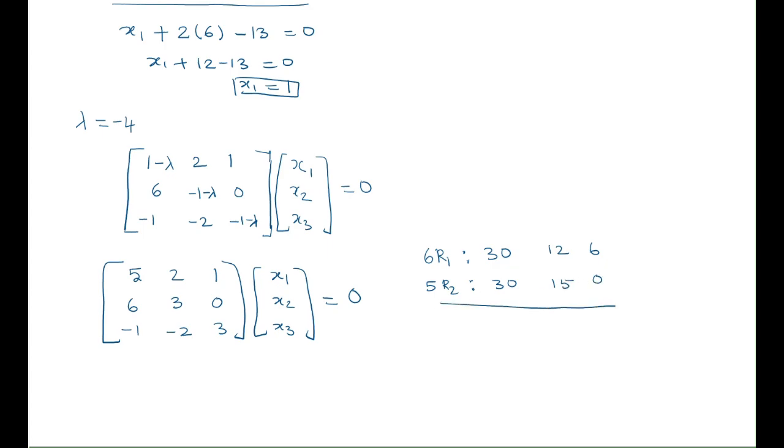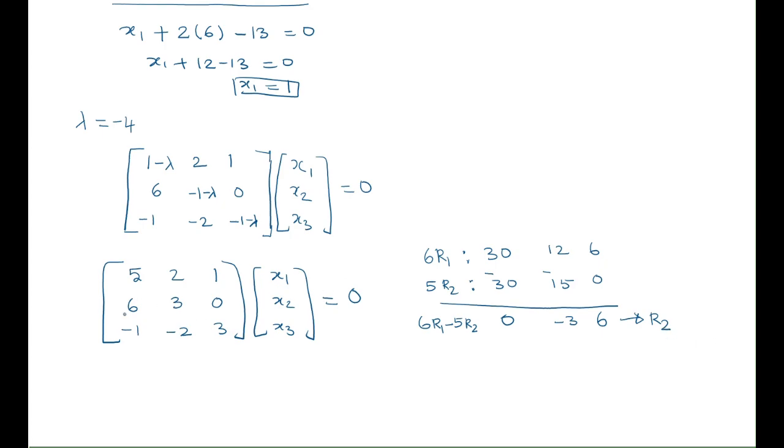If I subtract, I get 30 minus 30 is 0, 12 minus 15 is minus 3, and 6 minus 0 is 6. This is the new row which we replace the second row with.